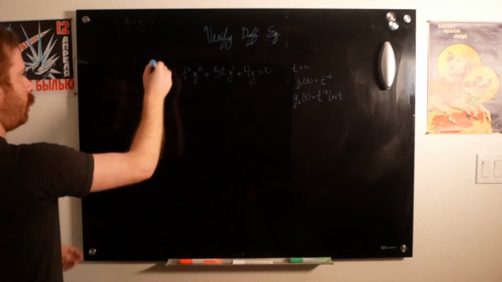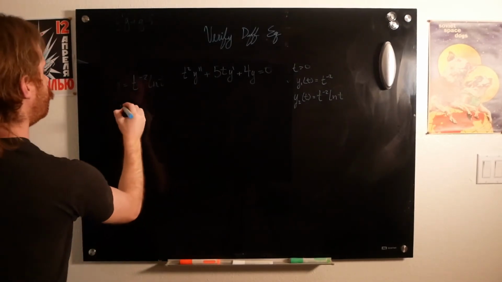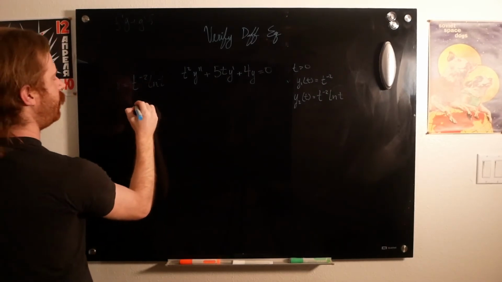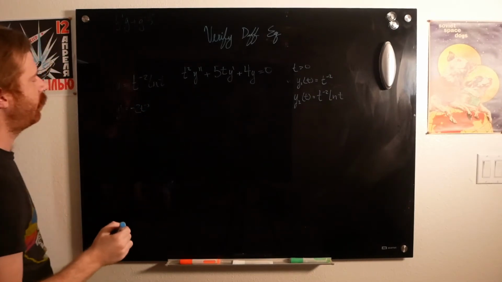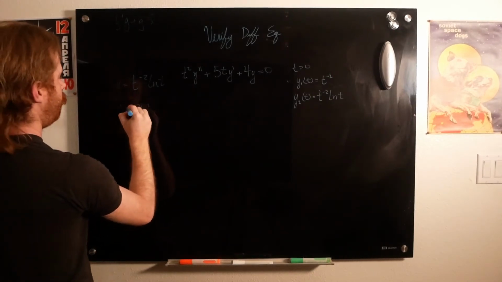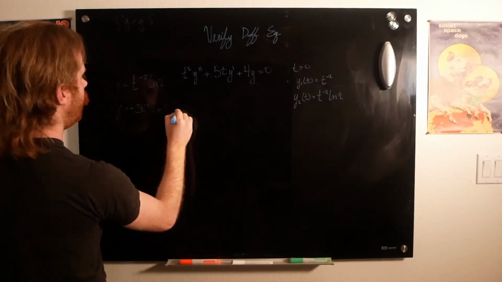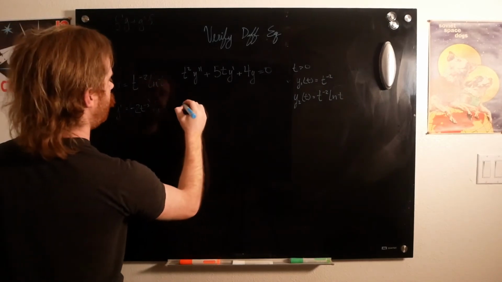So let's do f prime. So negative 2t to the negative 3, right? Negative 2t to the negative 3. This is f prime. And then g, so just the second, plus the derivative of the second, which is 1 over t.